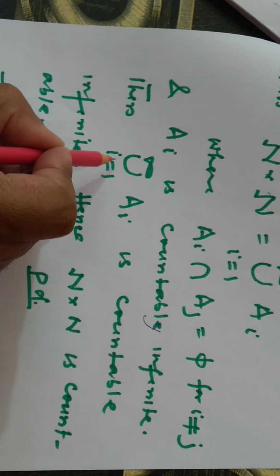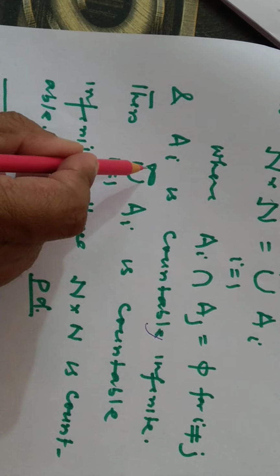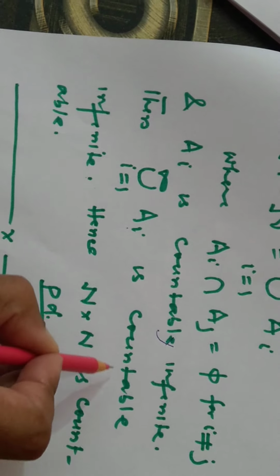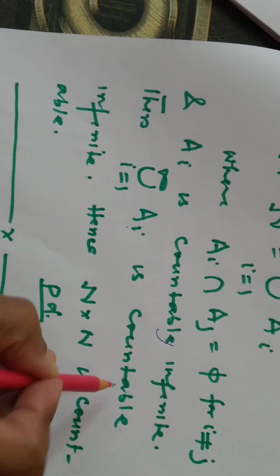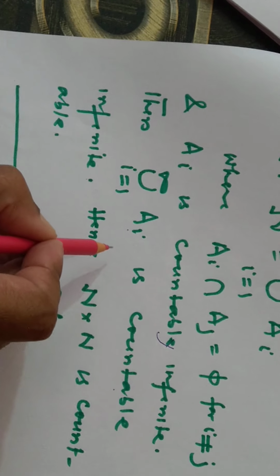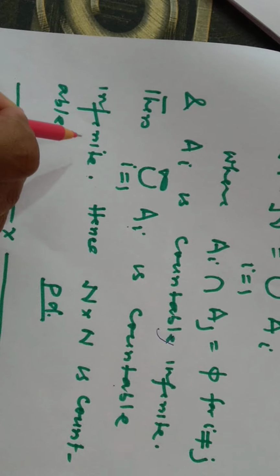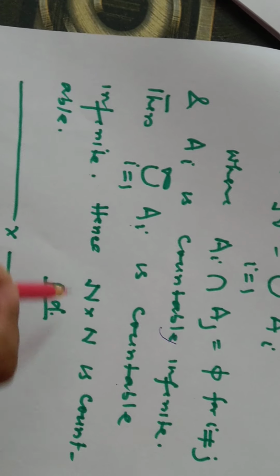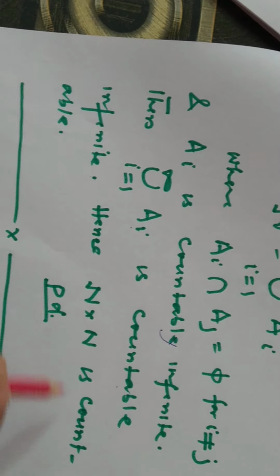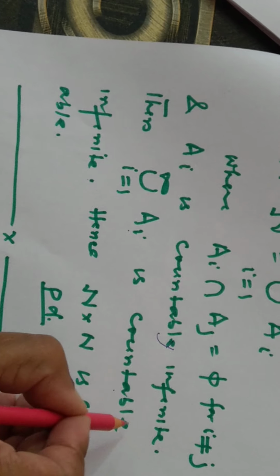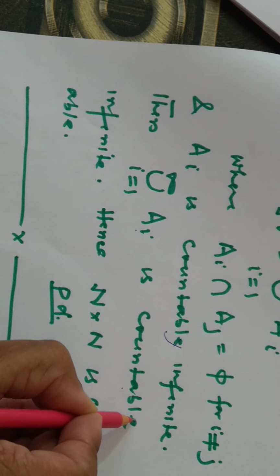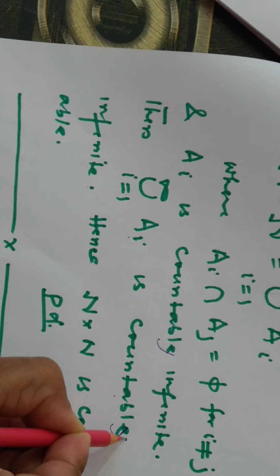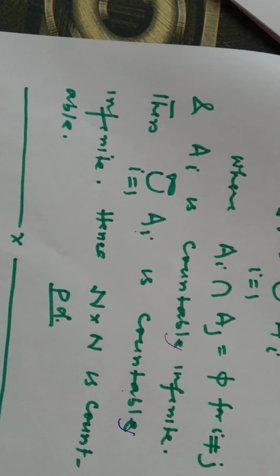Then union i runs from 1 to infinity, A_i is countable because we know that countable union of countable sets is countable. Hence N cross N is countable, countably infinite. You should write countably infinite.